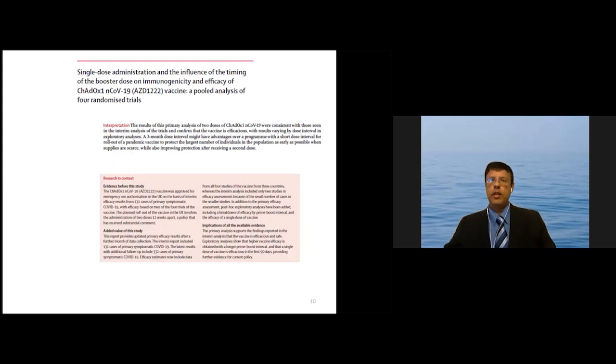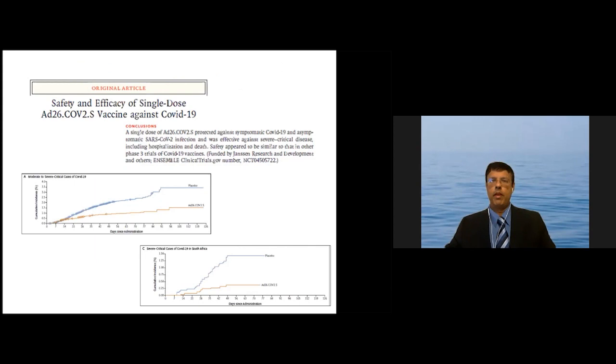The next study showed that an interval of 12 weeks produced a better immune response than a shorter interval for the AstraZeneca vaccine. This was the study showing the efficacy of the J&J vaccine, the Johnson vaccine. So we know these vaccines are efficacious.